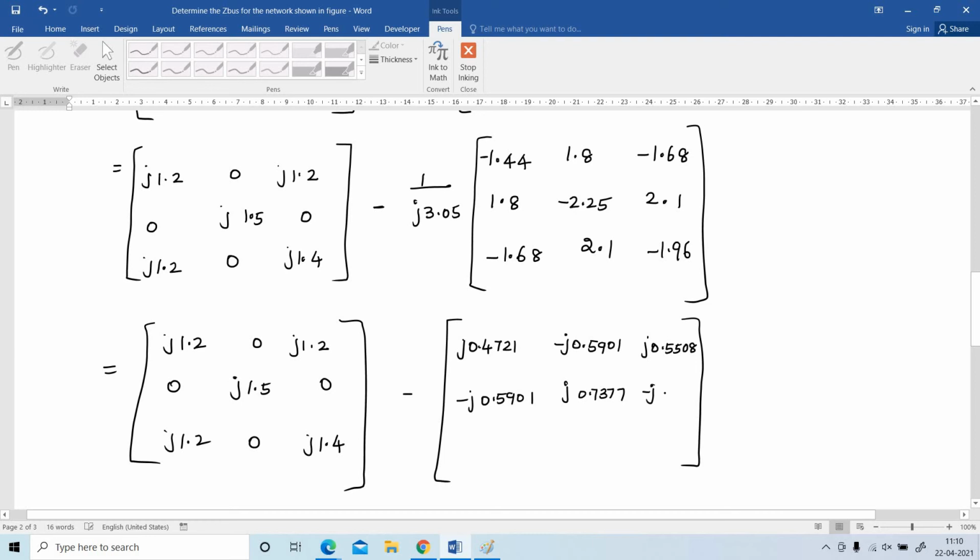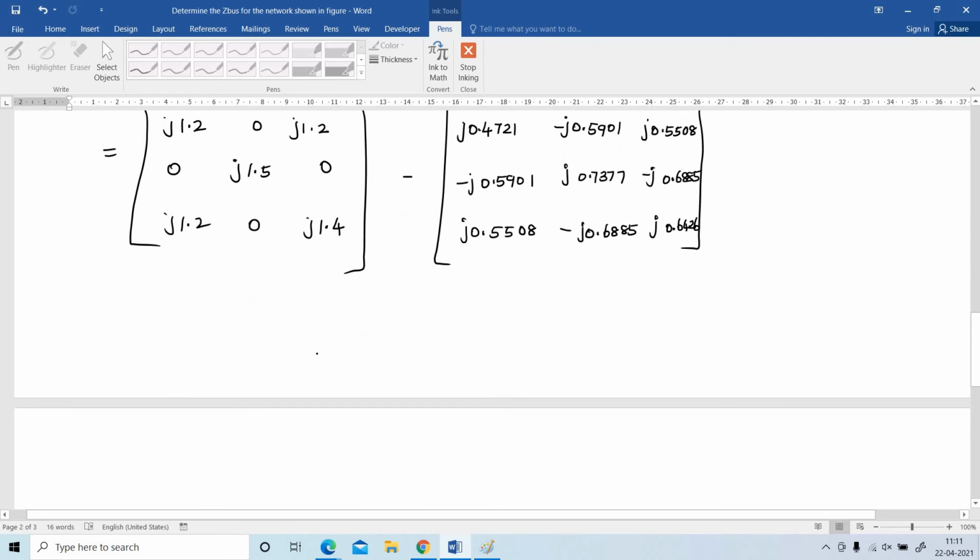Then minus J 0.6885. Then J 0.5508. Then minus J 0.6885. Then J 0.6426. After finishing this, you have to subtract the second matrix from the first matrix.